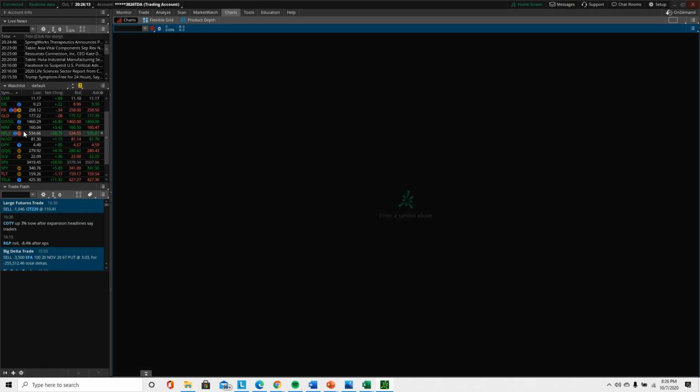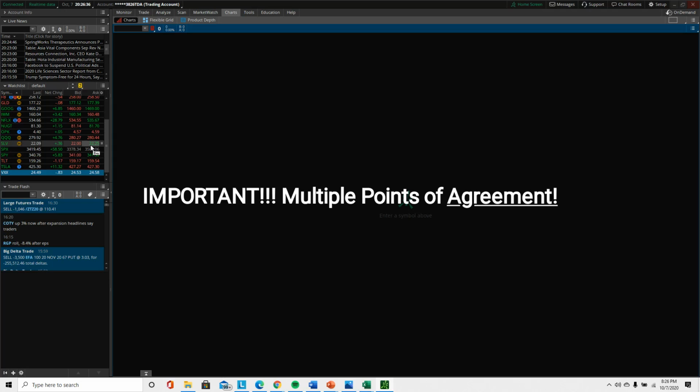But some of this information, like the VIX, helps us make trade decisions on other positions, like the S&P 500 or the Spider, SPY. So some of this information is supporting information to help us make decisions. The goal is to get multiple points of agreement when we place a trade so that we can feel confident of the results.